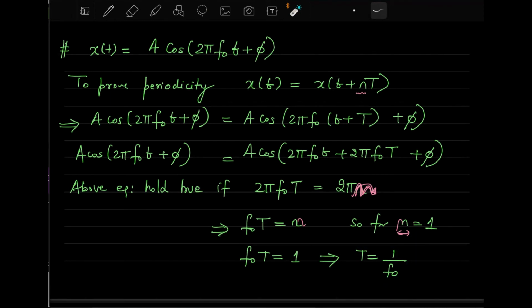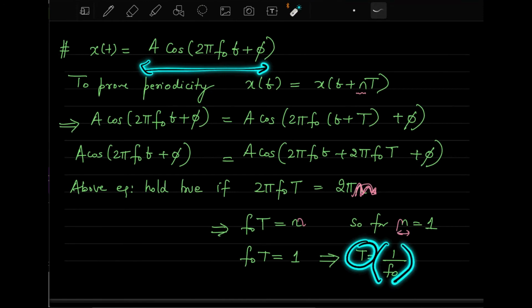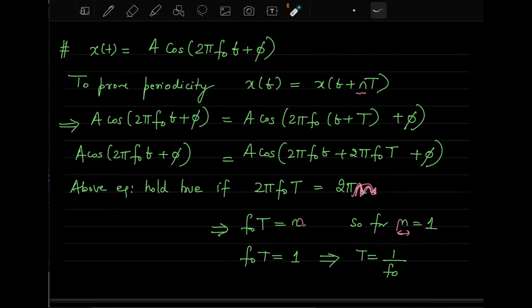So using the periodicity, you can prove that the time period of this particular signal is T, which is equal to 1 by f0. So this is actually periodic, as you can see, because f0 t here is equal to either 1 or 2 or 3 or 4, depending upon the instant at which you are looking. So this is for this particular case.